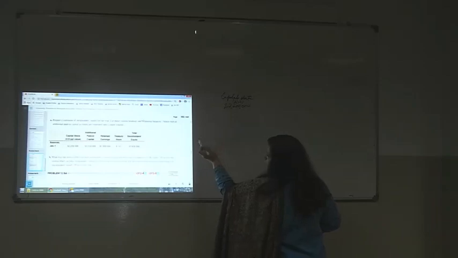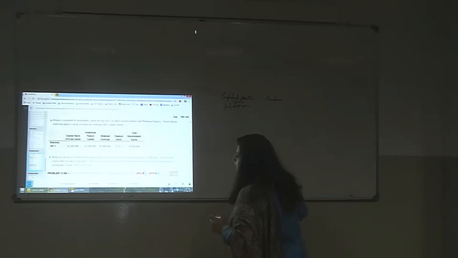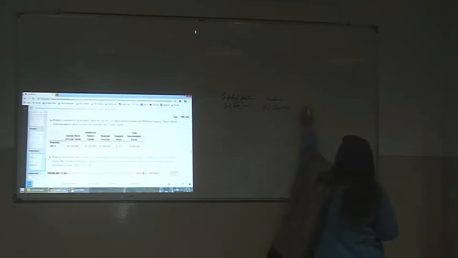Then we have paid-in capital. We don't have any preferred stock in this case, quite evident from this question. Paid-in capital is 3,530,000. Retained earnings, RE, is 1.9 million.